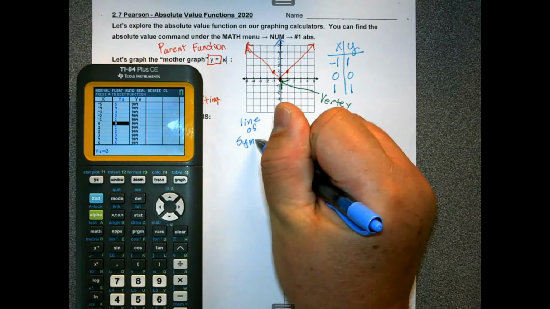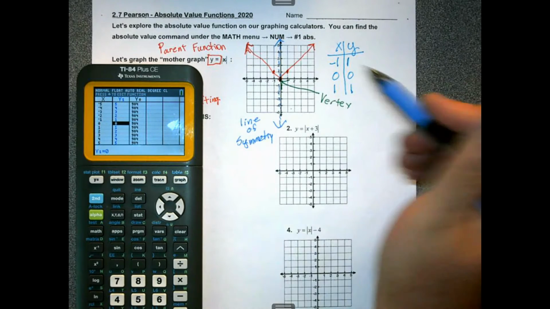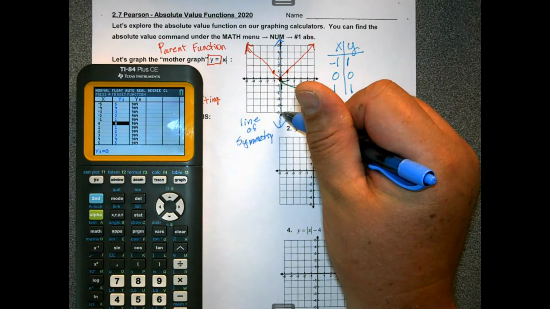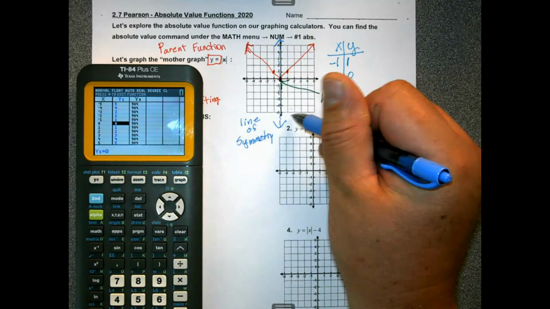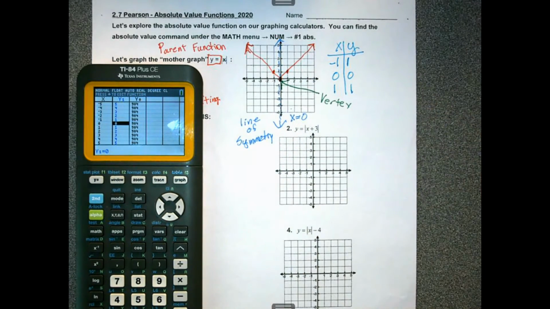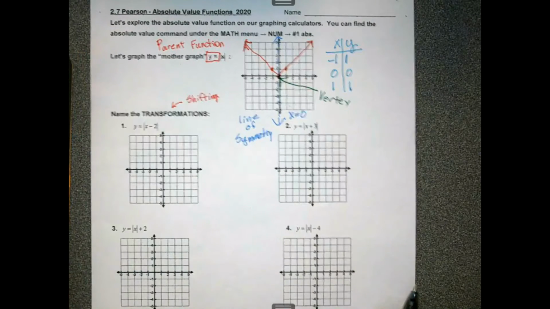That's the line of symmetry for this absolute value function. It happens to be the y-axis or the equation x equals 0. All absolute value functions have a line of symmetry. So that's our parent function.